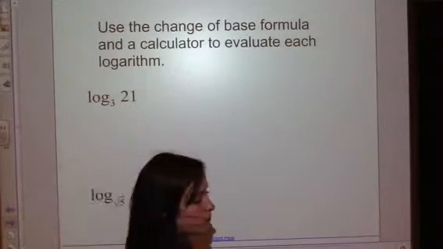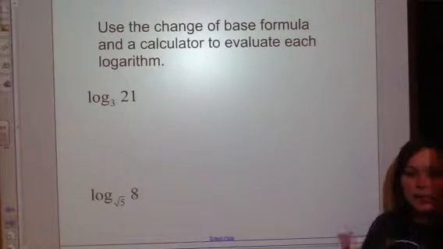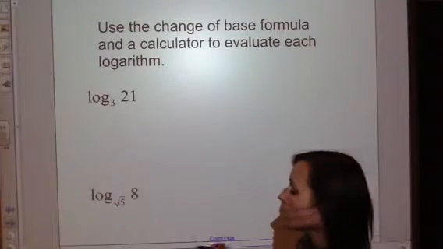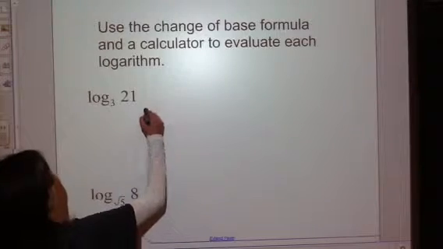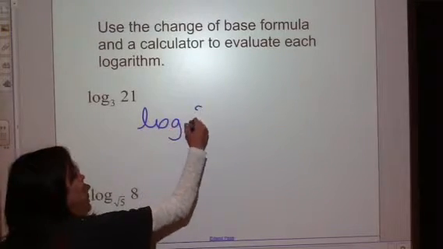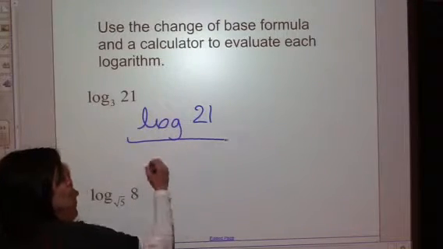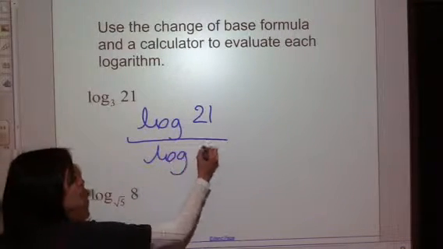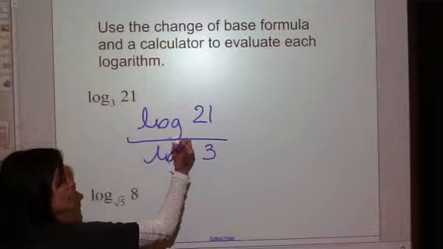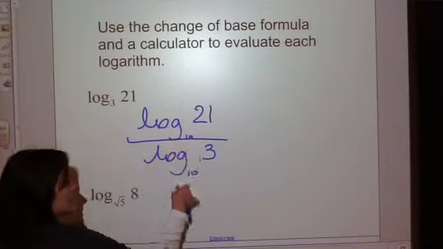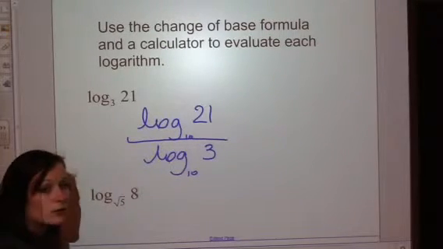So the change of base formula is the last thing that was on that first slide. What the change of base says is I can type in my calculator log 21, and if I don't put a base there, we're going to assume that it's 10, over log 3. My base is 10 here as well. So if your base is 10, you can type them in your calculator, because that's how your calculator is programmed.